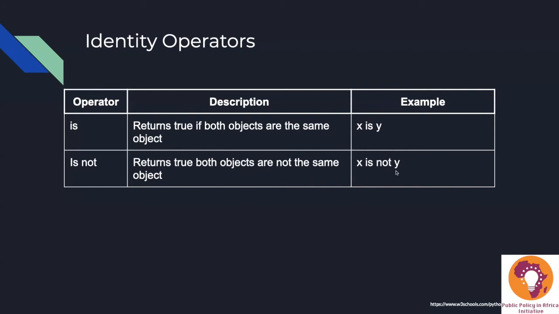This is extremely important to keep in mind when you're working with lists and more complex data structures. If they are the same underlying object but you don't want to modify both, you're going to have a problem, because if you modify X, it's going to modify Y in the back end, and you're going to wonder why that happened. It's because they're both referencing the same object in memory.